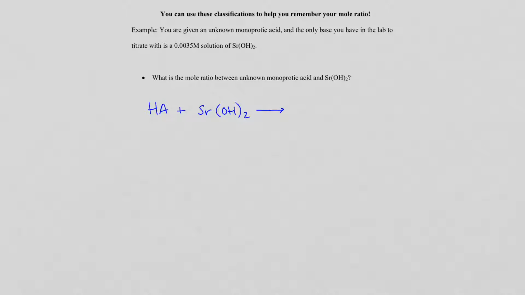The charge on H, or hydrogen, when it's a cation, is, of course, just +1. And then the charge on this A, since 1 A pairs up with 1 hydrogen, has to be -1. Now, the charge on hydroxide is always -1. We know that from constantly writing OH minus in that table above. But since there's 2 of them, that tells us that strontium has to be 2 plus.